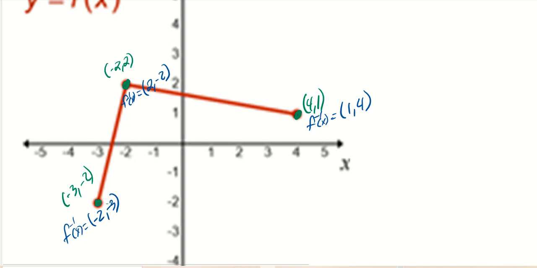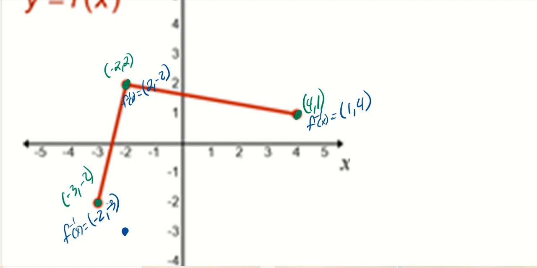Now, again, I'm going to graph what's in blue. So that would be negative 2, negative 3. So that's my first point, okay? Because I'm graphing all of the inverses. So then I would graph a positive 2, negative 2. So there goes my next point.